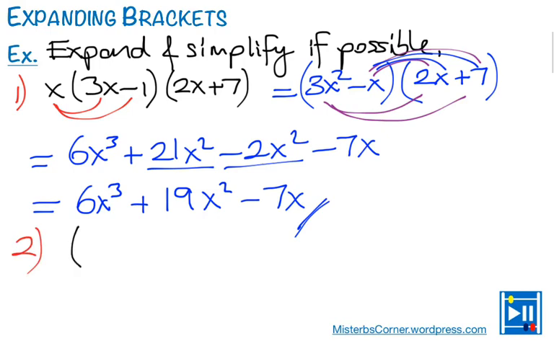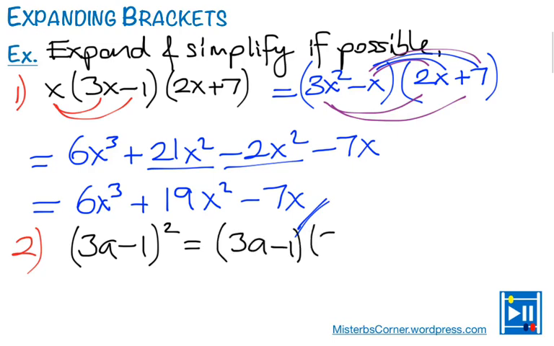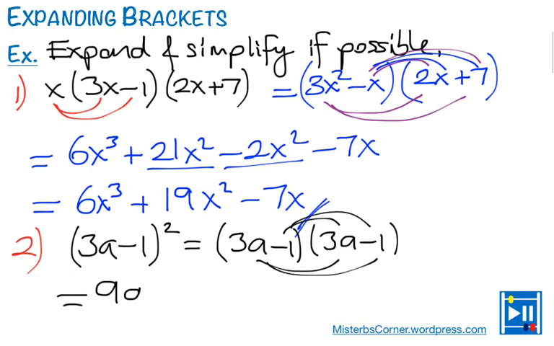If you have a binomial, let's say 3a minus 1 squared, you know what this means. This means 3a minus 1 multiplied by itself. And whether you use a shortcut or you actually do multiply, right, you will end up with the same answer, which would be 9a squared minus 6a plus 1.